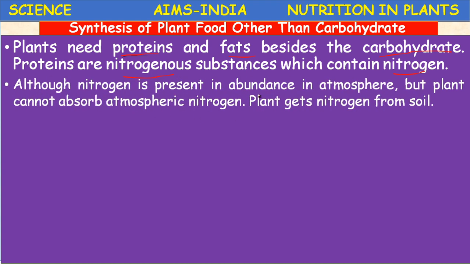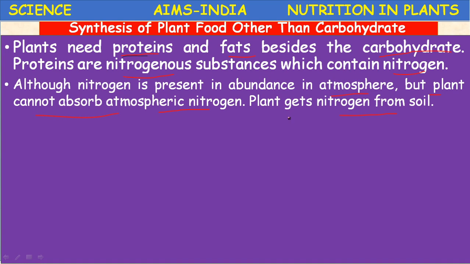Although nitrogen is present in abundance in atmosphere, the plant cannot absorb the atmospheric nitrogen. Plant gets nitrogen only from the soil. So what is the main function of roots? To absorb the water and minerals present in the soil. The nitrogen which is present in the atmosphere is in the form of N2, elemental form.